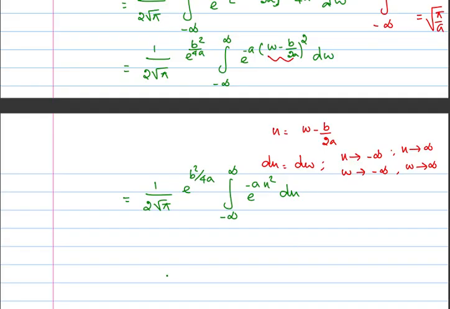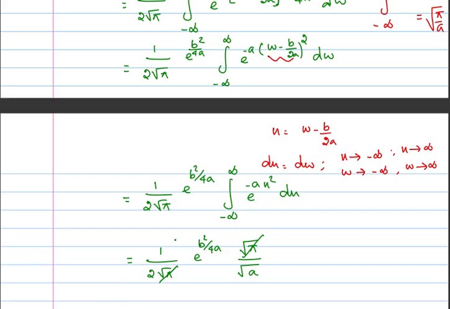The same way I get the answer: 1 over 2 times square root of pi, and exponential of b square divided by 4a times square root of pi divided by square root of a. This pi and this pi will cancel out.